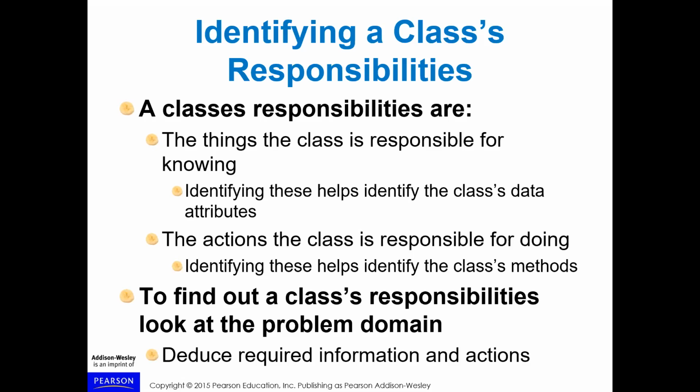Then you might have a method that is the action to take, which takes whatever the Celsius is and converts it to Fahrenheit. To find out a class's responsibilities, look at the problem domain, then deduce required information and actions.